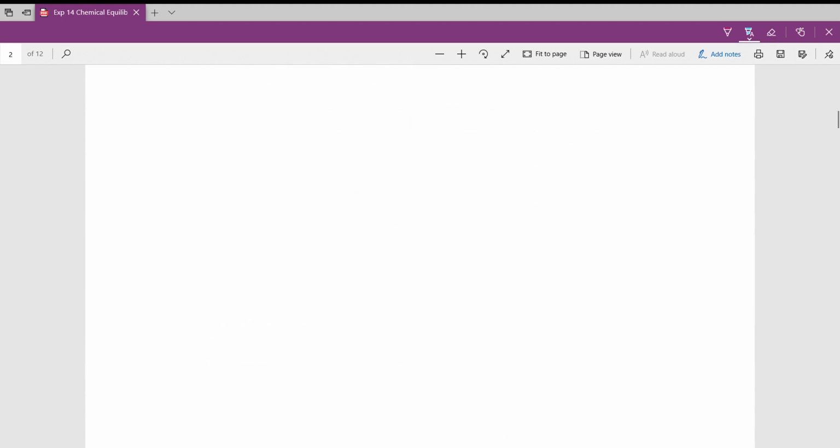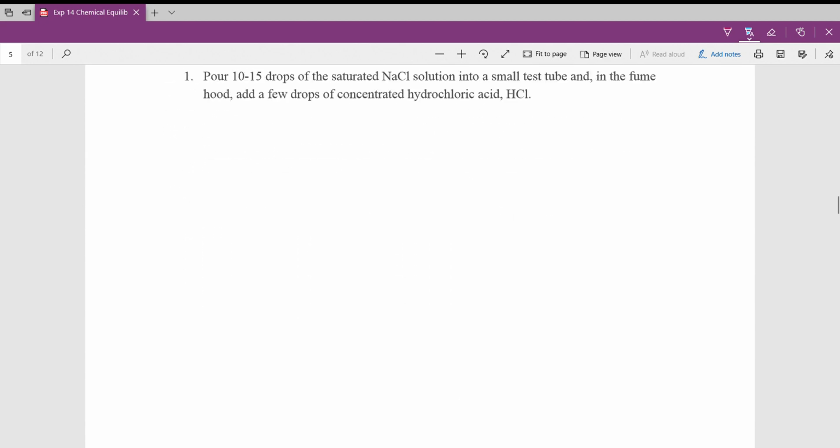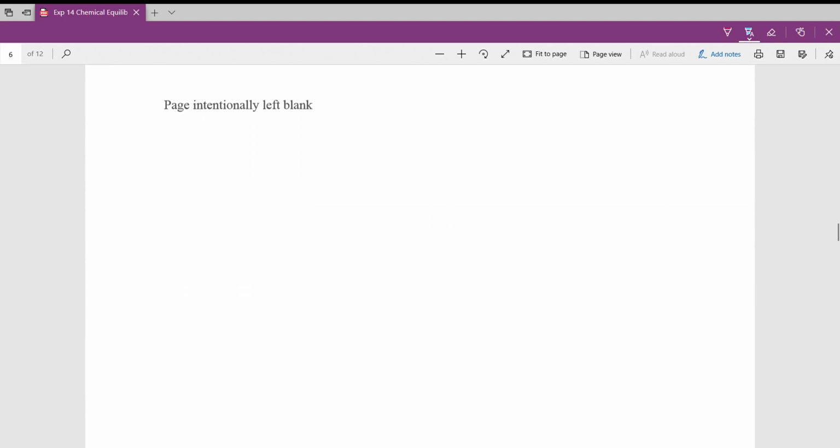I'm going to scroll through all this just to get to a blank page. I'm going to come back to some of this stuff in a minute. Here we go. So what I want to talk about is what we call the common ion effect of Le Chatelier's principle.